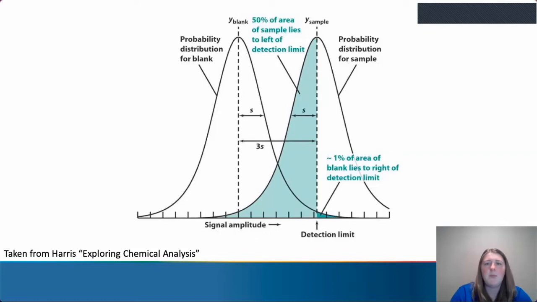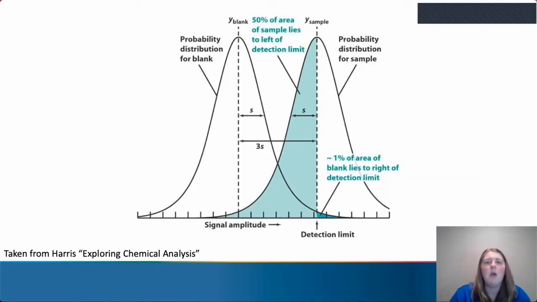Okay, so when you move that sample curve over to the right, so we're going to move it by 3 standard deviations over to the right. What happens in the tail here is you're getting a 1% area actually showing up higher than the detection limit, right? So this would be telling you that there's a 1% chance of a false positive actually occurring here.